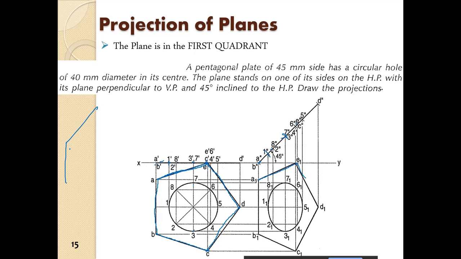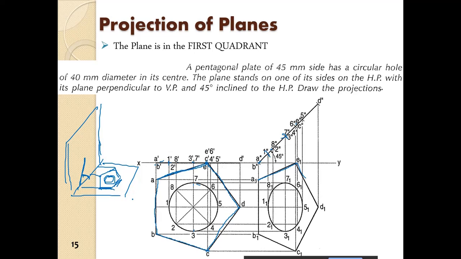Of course, obviously, if you are aware of what the projection might look like, so in this case, initially the pentagon was lying on the HP, as in the previous case, and with the hole. So it is already lying on the HP, so we have this projection directly here. Then it was rotated by 45 degree with one edge on the horizontal plane.